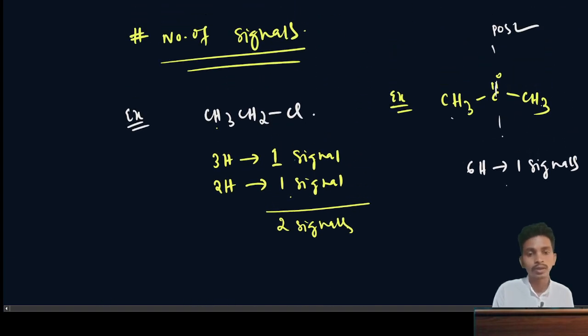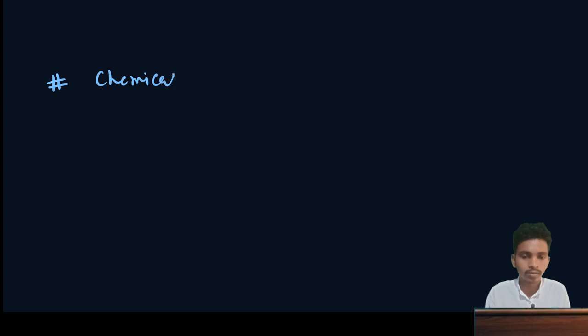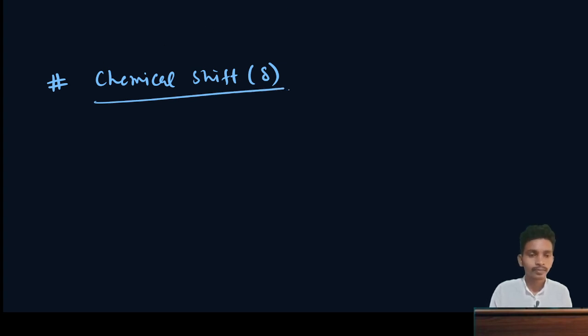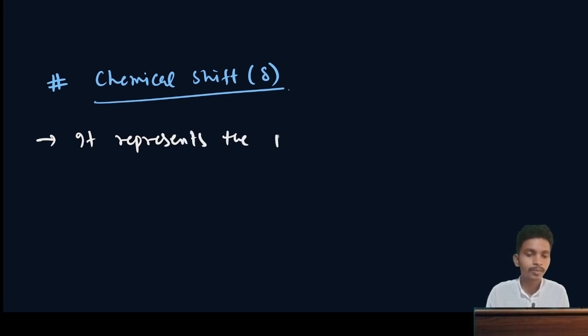Now we will discuss the chemical shift. Today's topic is chemical shift, and it is represented by this symbol. So what is chemical shift? It represents the position of the signal.